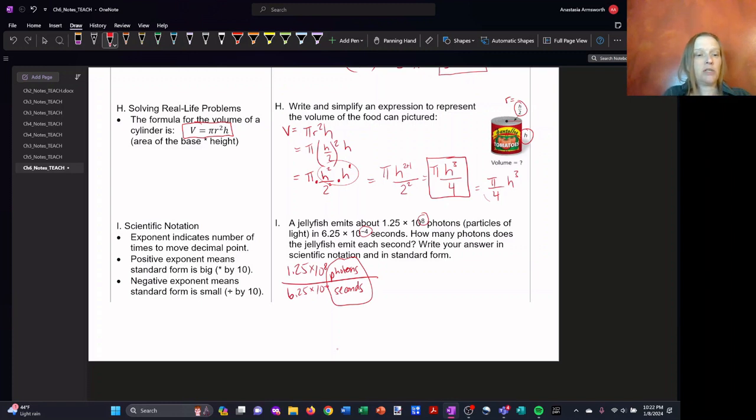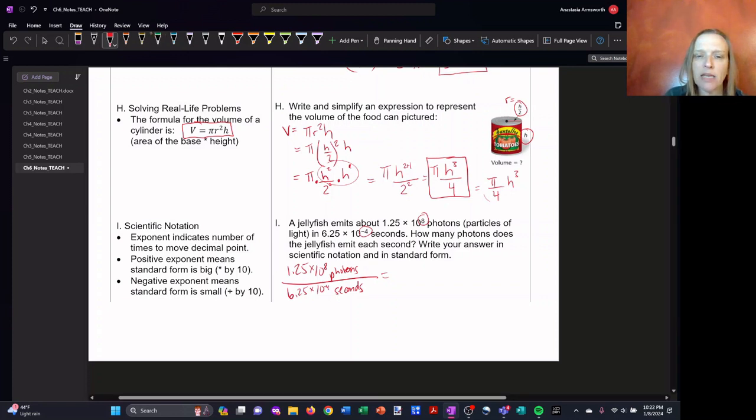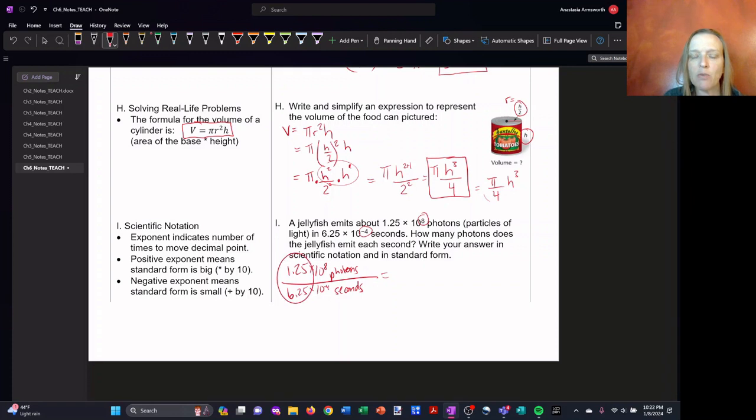I'm going to just undo that circle though, because you can't see my exponents very clearly. Let's focus on the math problem now. I'm going to separate this into two separate fractions. I'm going to have this fraction where I'm dividing the coefficients, and then this fraction where I'm dividing the powers.